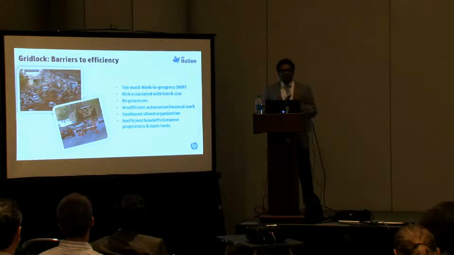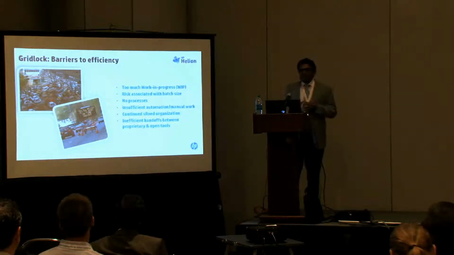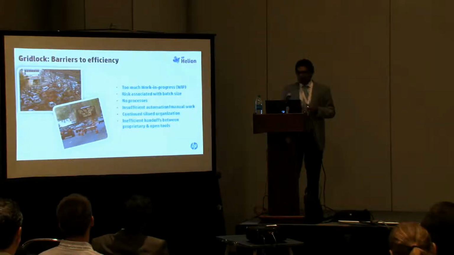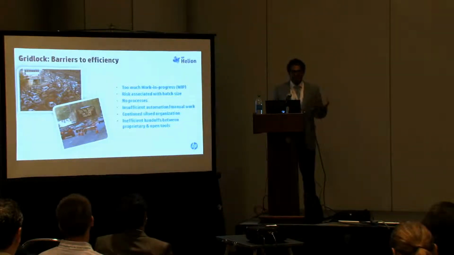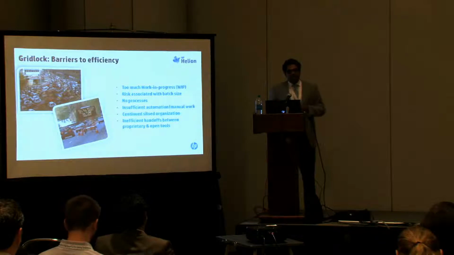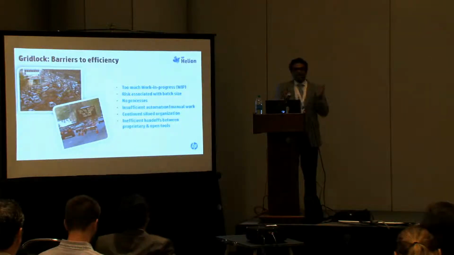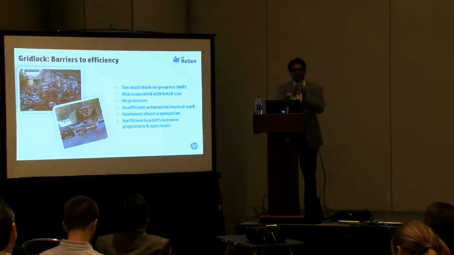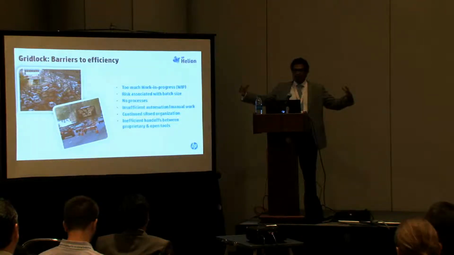So one of the things that we at HP have done is, with several of our key customers, we have created this reference architecture, which is called the IT for IT architecture. And it essentially categorizes IT according to a set of value streams as a part of an end-to-end value delivery chain.